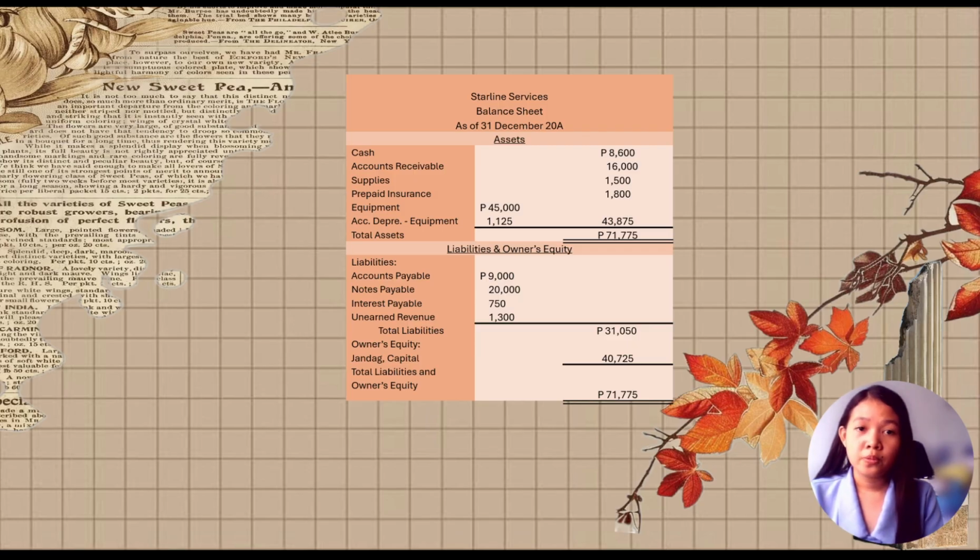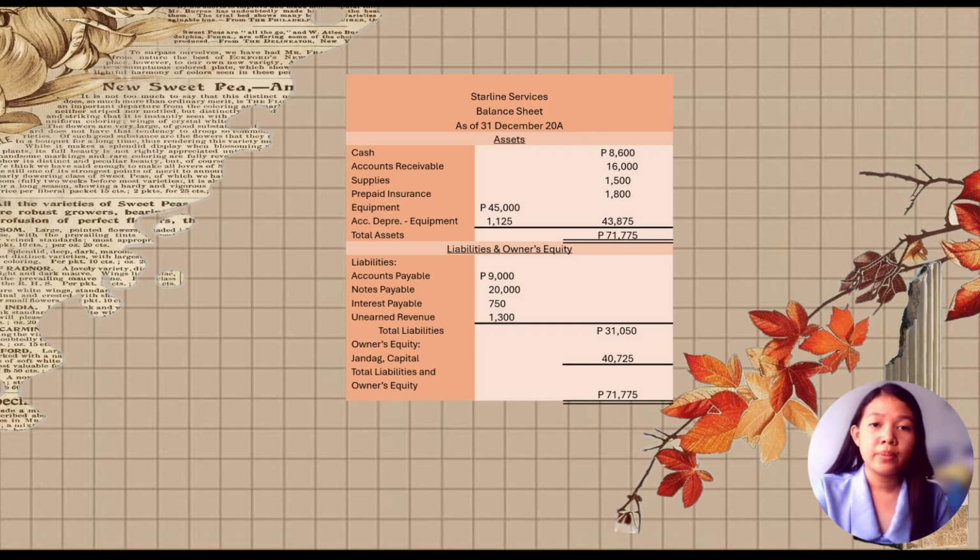You have to subtract the accumulated depreciation of 1,125. The total is 43,875. So the total of the assets is 71,775.